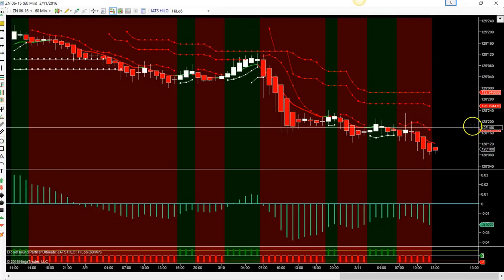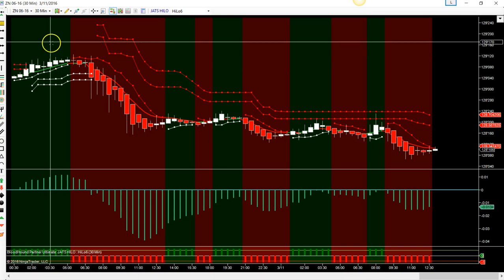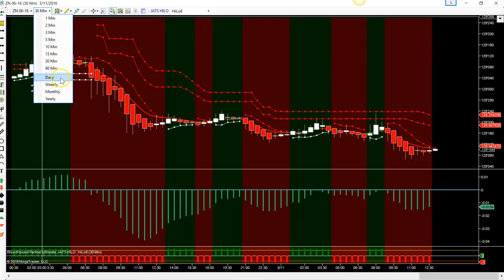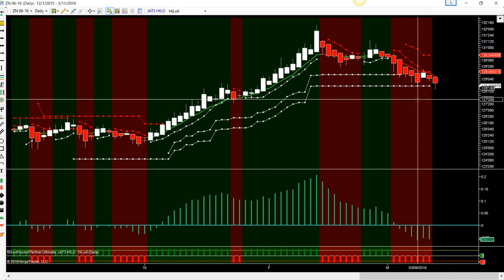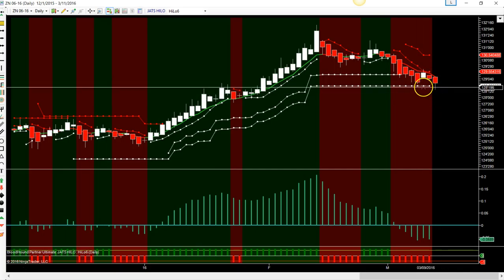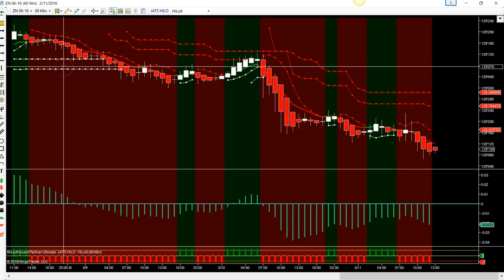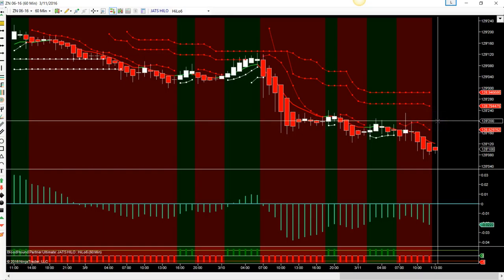And that may be an opportunity for us also. Momentum below zero and heading down.